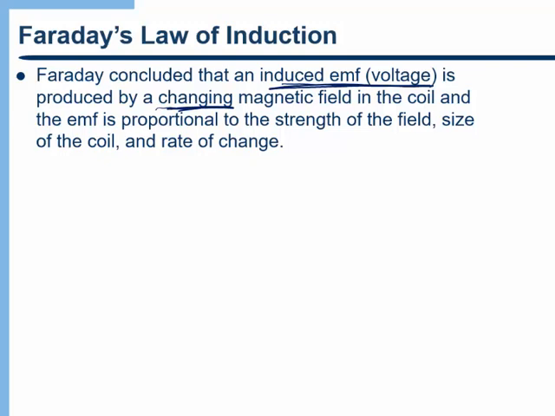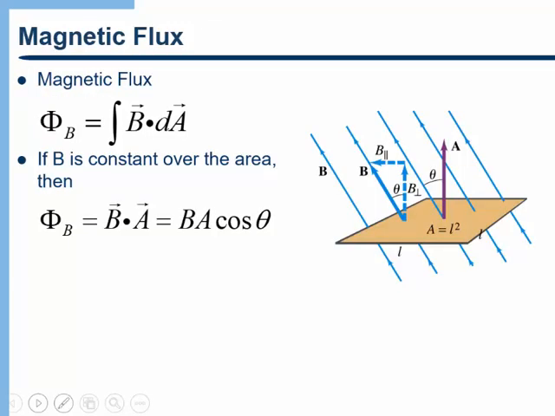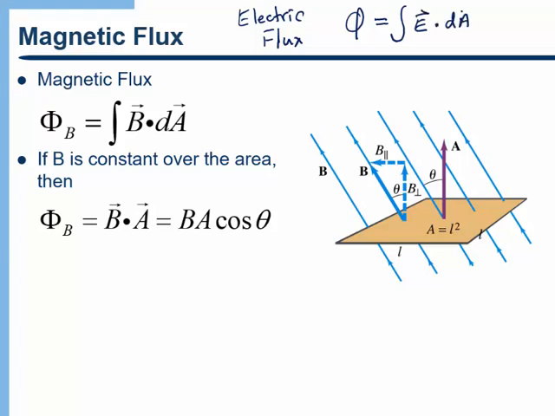Okay, so obviously we want to put this into mathematical form, but before we can do that, we have to review the concept of magnetic flux. Let's remember what we mean by electric flux. Remember that electric flux, which we saw in Gauss's law, is defined as the integral of the electric field over the area.